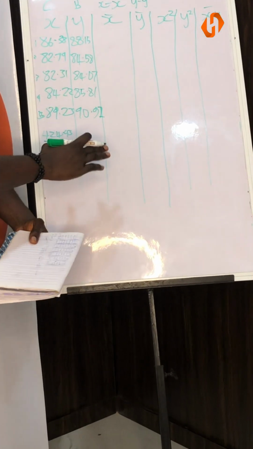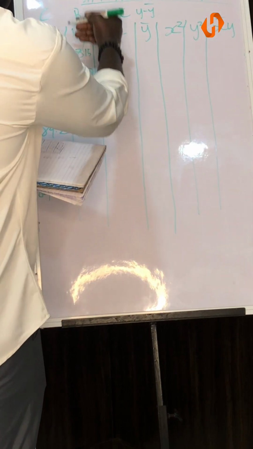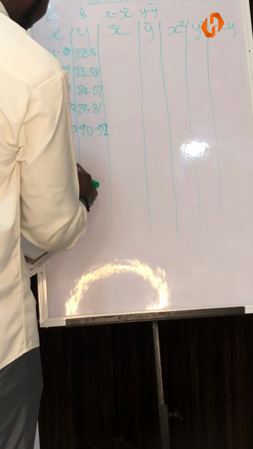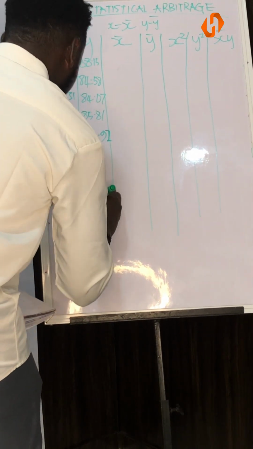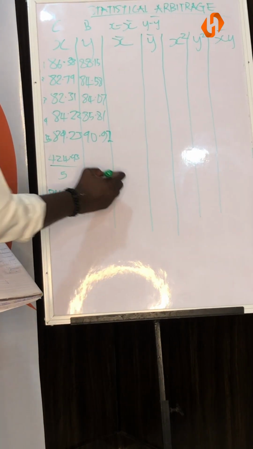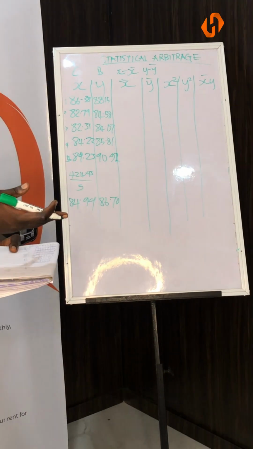We do the same thing for commodity Y, which is the Brent crude. We sum the values and divide by 5. We're getting 86.70. So now we have the mean for both of them.